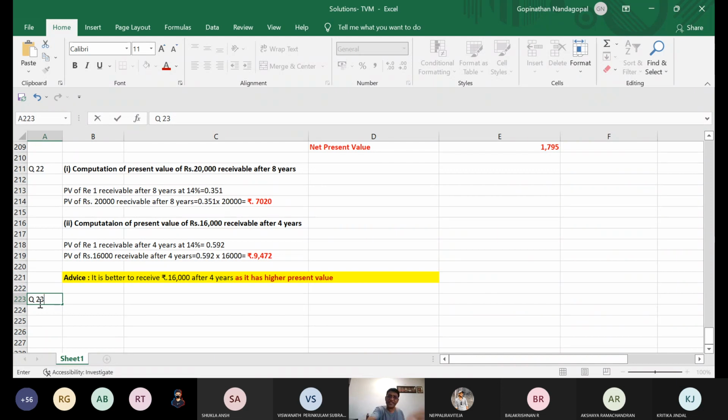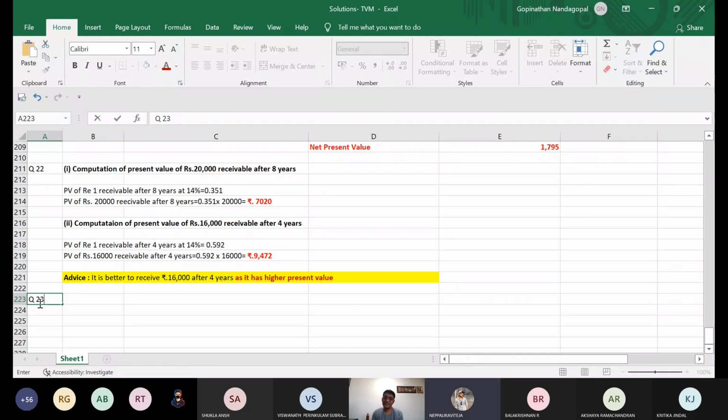Ravi Teja, look at this case. After 8 years, I'm going to receive 20,000, where my present value is only going to be 7,020. Sir, the 7,000 is our investment, right? No, 7,000 is the present value of the 20,000 you receive after 8 years.